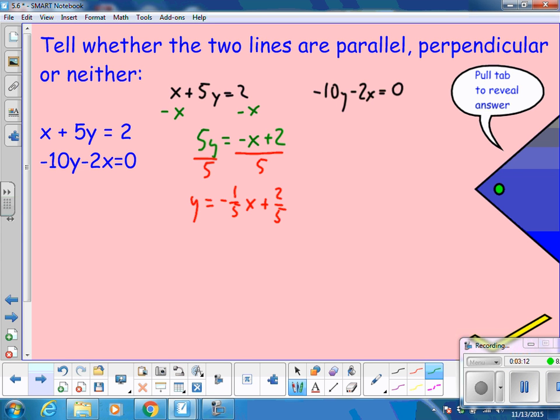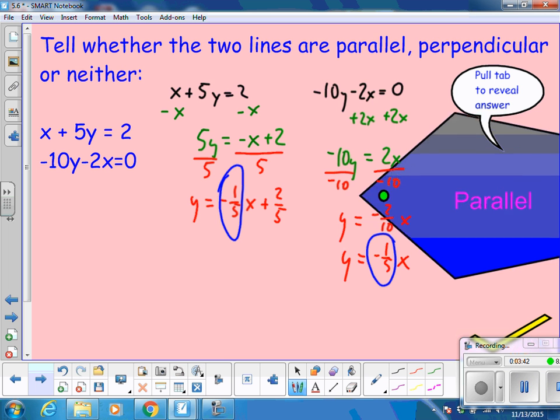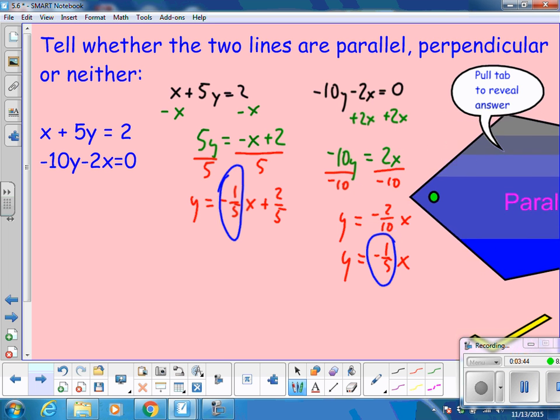Let's see if we can find it over here. I'm going to add 2x to both sides. -2/10 x, which is -1/5 x. So I'm going to look and I'm going to see that my slope is -1/5. If they have the same slope, then they are indeed parallel.